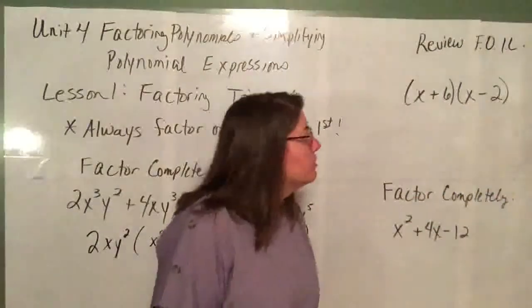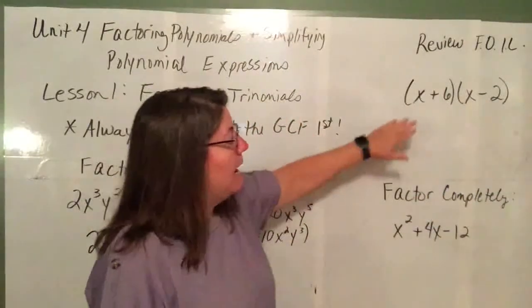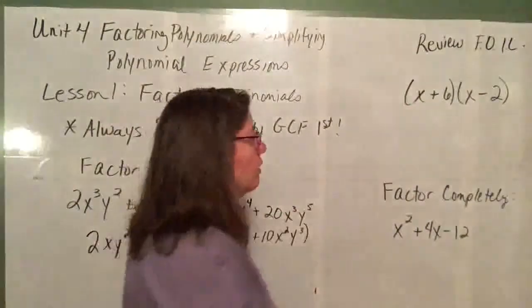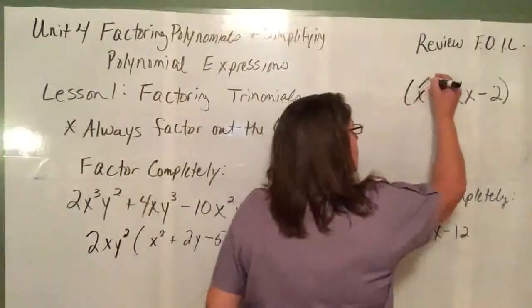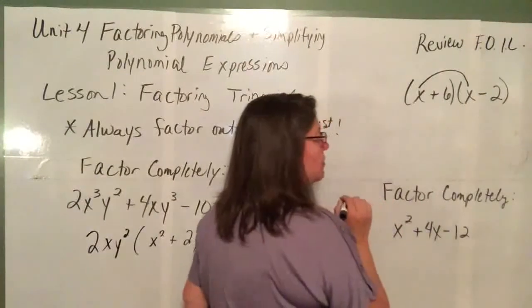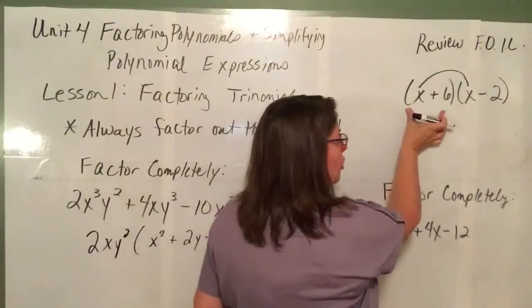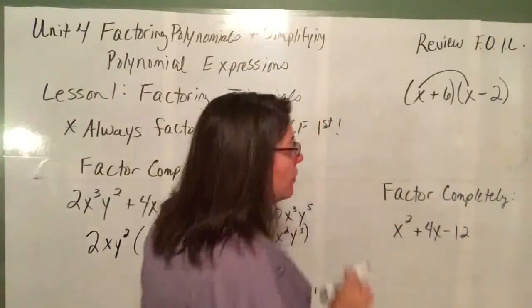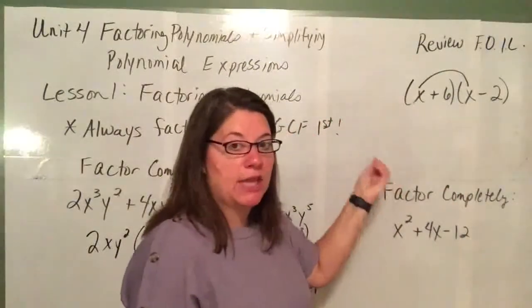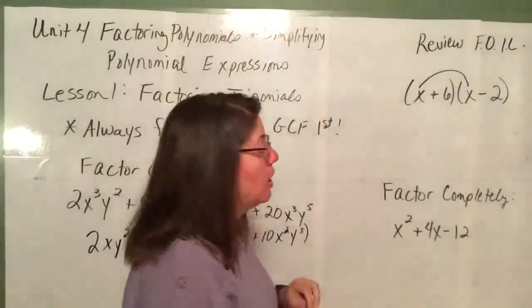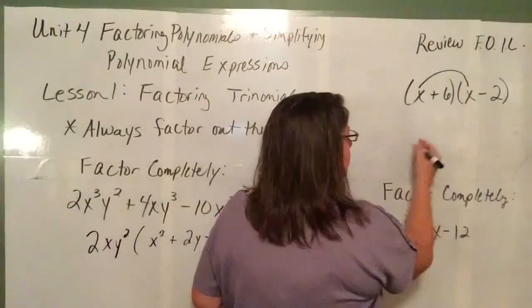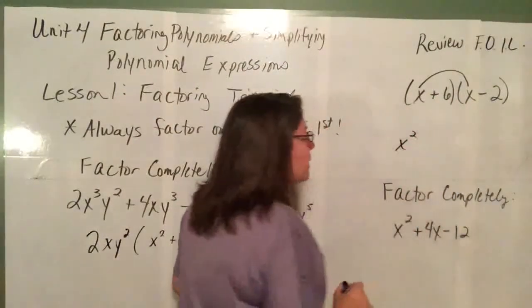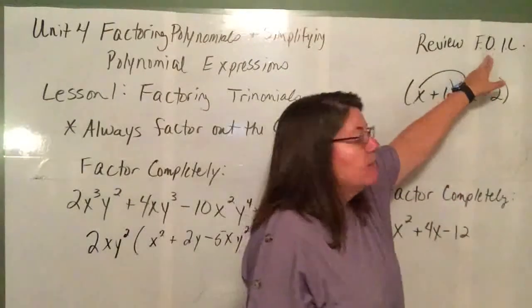So if I'm going to multiply those two binomials together, I have to use FOIL. Basically, I'm going to multiply the first terms together. If you look at these as two separate binomials, we're going to multiply the first things in each of them. So x times x is x squared. Then the O stands for outside.